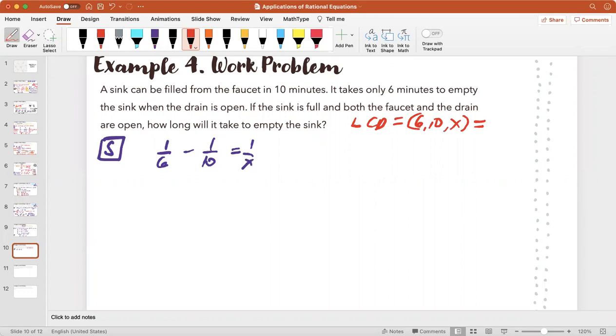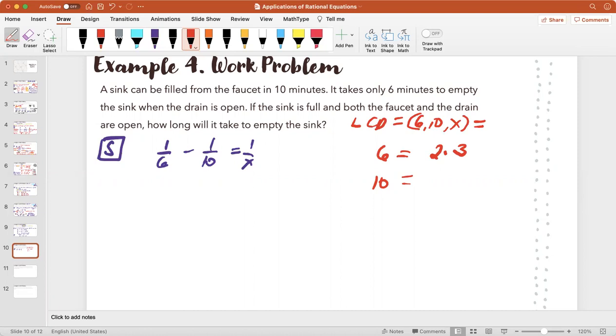How do you find the LCD? You can do it by listing or by prime factorization. What are the factors of 6? 2 times 3.